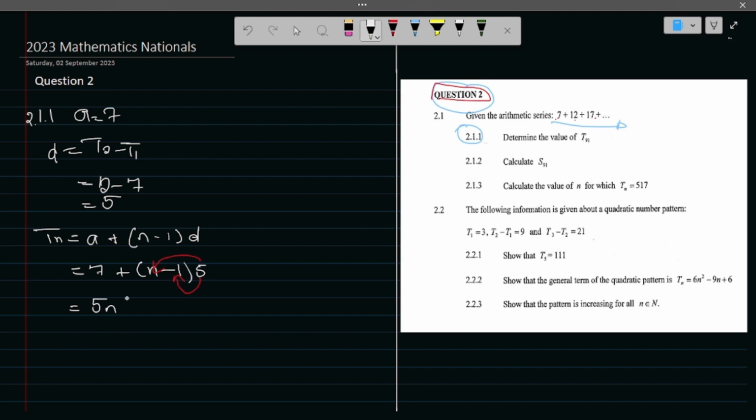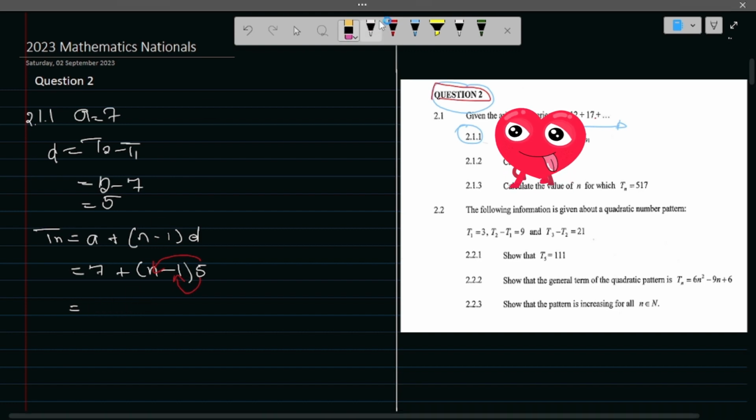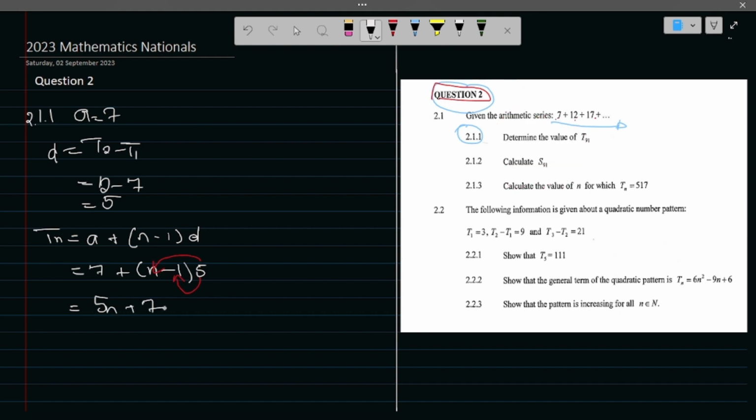So it's going to be 5n plus 7 minus 5, which is equal to 5n plus 2.